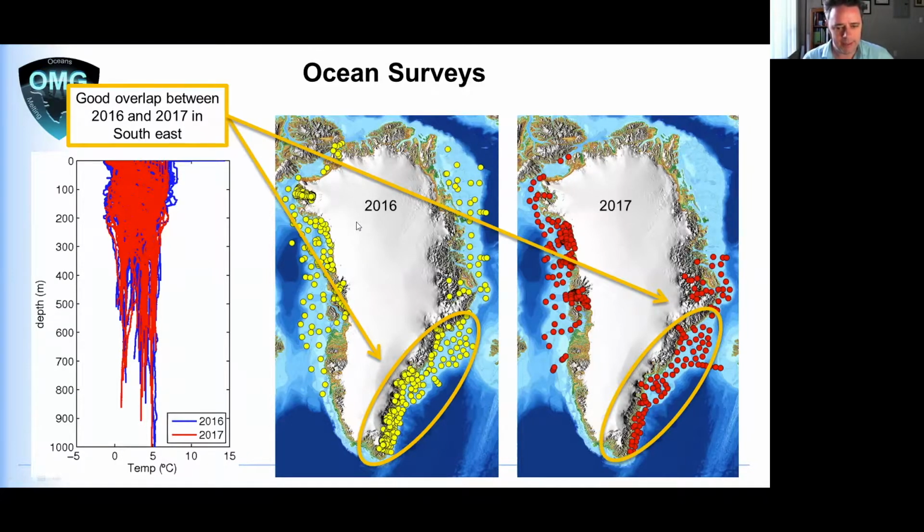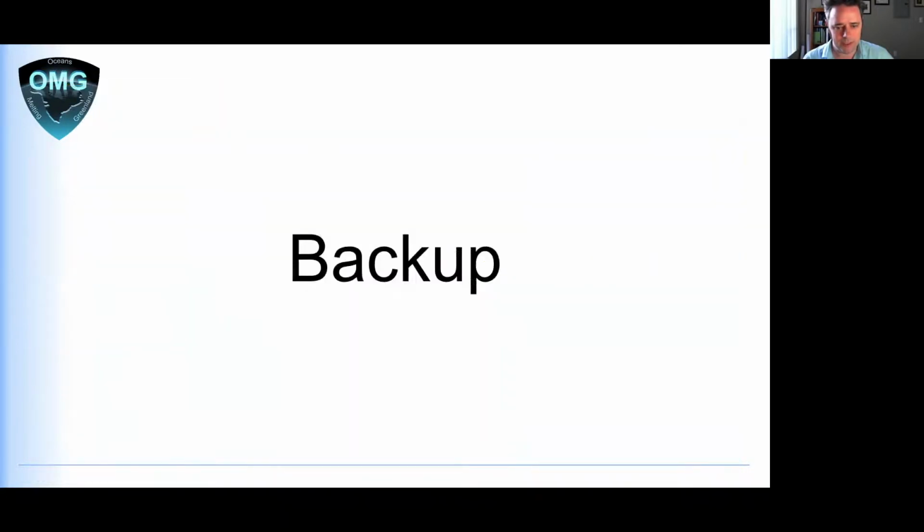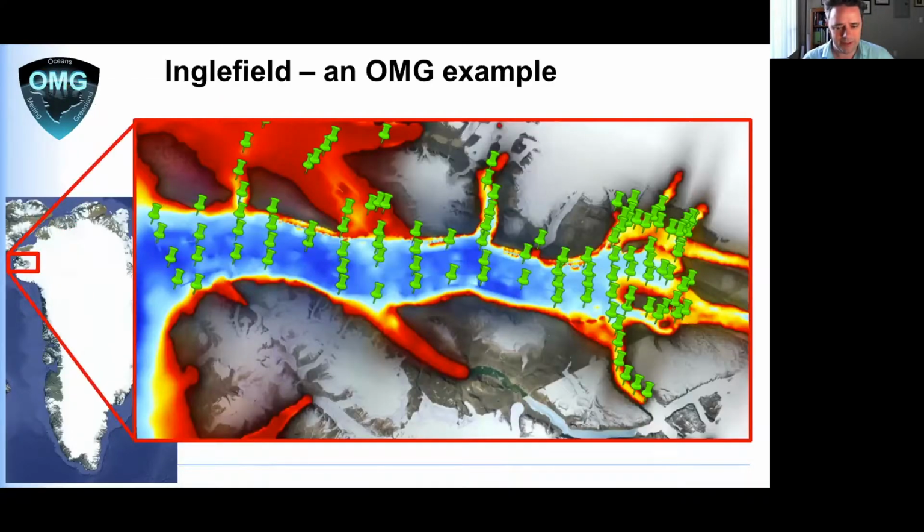And I think I'll just really quick, since I have a minute or two, talk a little bit about one more region, which is Ingelfeld. This is a large inlet, a large bay to the north of Melville Bay. So there's the question of whether that signal has made it all the way up here.